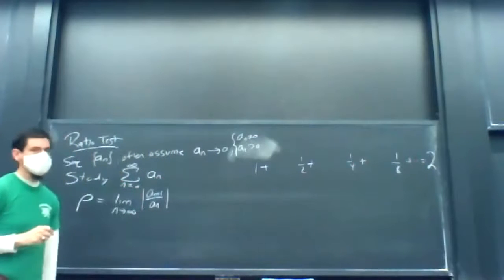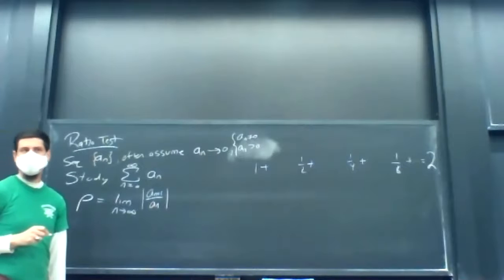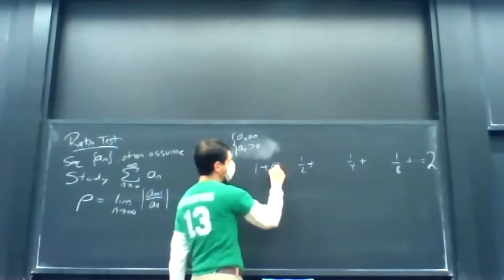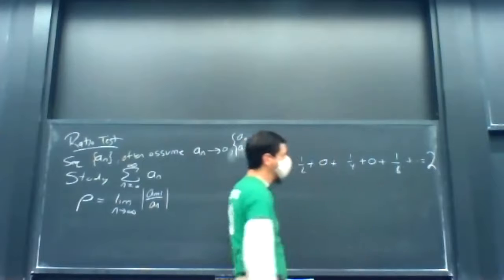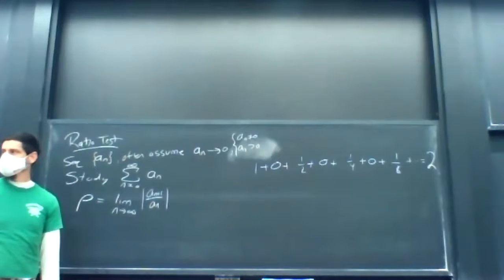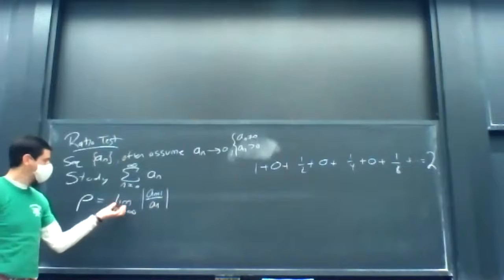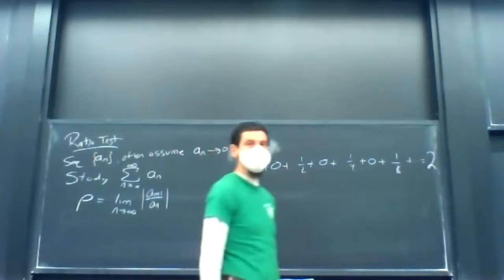Now, the way I've written this, there's a huge space between all the terms. What if I do the following? I'll put a 0 everywhere between the terms. Have I changed the sum? No. But if I try to use the ratio test, the limit won't exist, because I now have all these divisions by 0.